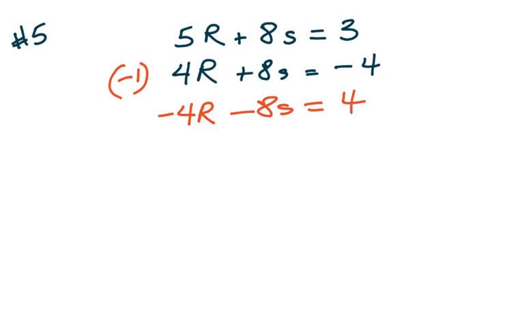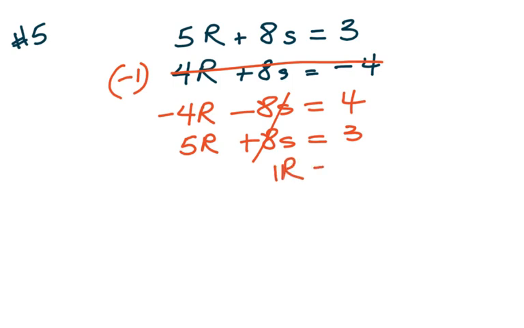All right, now this kind of goes away, and I'm going to put this bottom one here, 5R plus 8S equals 3. So now watch, I can just cancel this out, and 5 take away 4 is 1, so 1R equals 7. So I'm going to write this here, R equals 7.